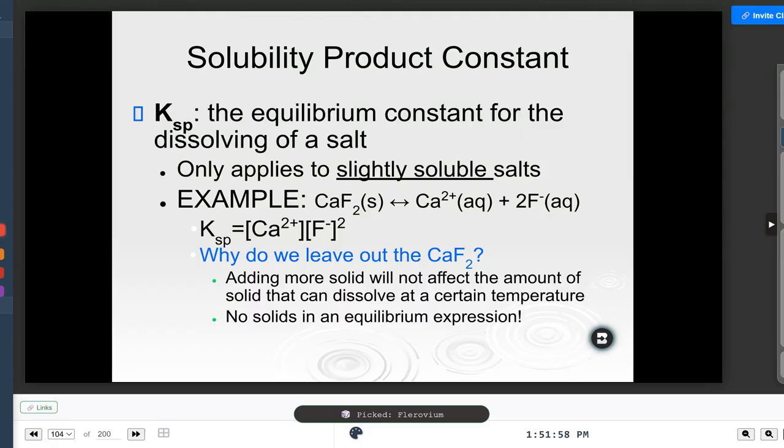So we want to remember that this only applies to slightly soluble salts. Now, this is the stuff where before we basically said it was insoluble. Like if we looked at this solubility table that was up here on the whiteboard, we see that the values that we are considering now are the ones that up here were called insoluble, or low solubility.